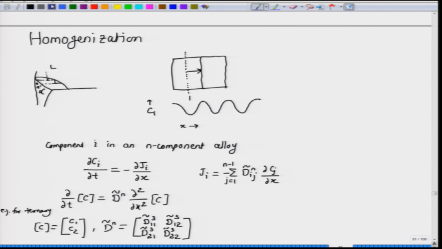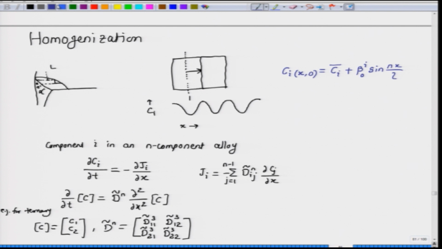Initially, we have a sinusoidal pattern. So, we can represent, for a component i, Ci at any x at t equal to 0, and the sinusoidal pattern can be represented as Ci bar plus beta 0 i sin pi x by L, where Ci bar is the average concentration.